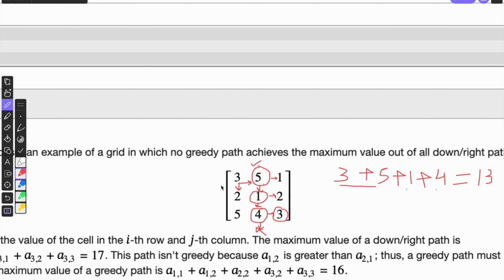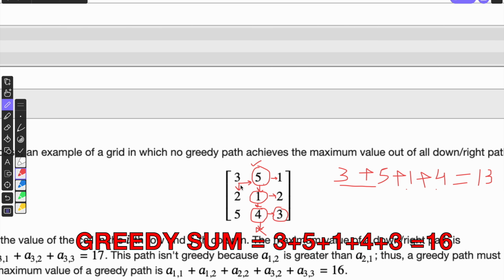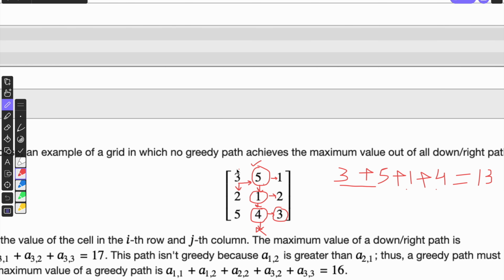Now what is the optimal solution of this problem? Now if we would have taken this path, 3, then we have gone to 2, 3 plus 2, then we have gone to 5, plus 5, then we have gone to 4, and then we have gone to 3. So it's plus 4 and plus 3.